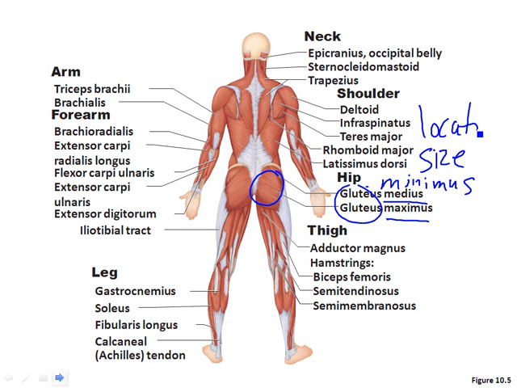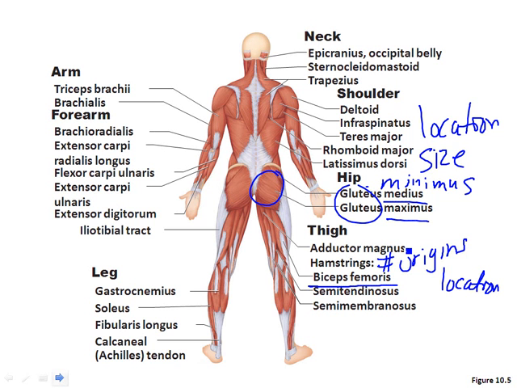So they can be named based on more than one thing. Let's do one more. Okay, the biceps femoris. Femoris tells us it's something about a femur, so we have location. Biceps, that's that thing about 2 origins. So number of origins.